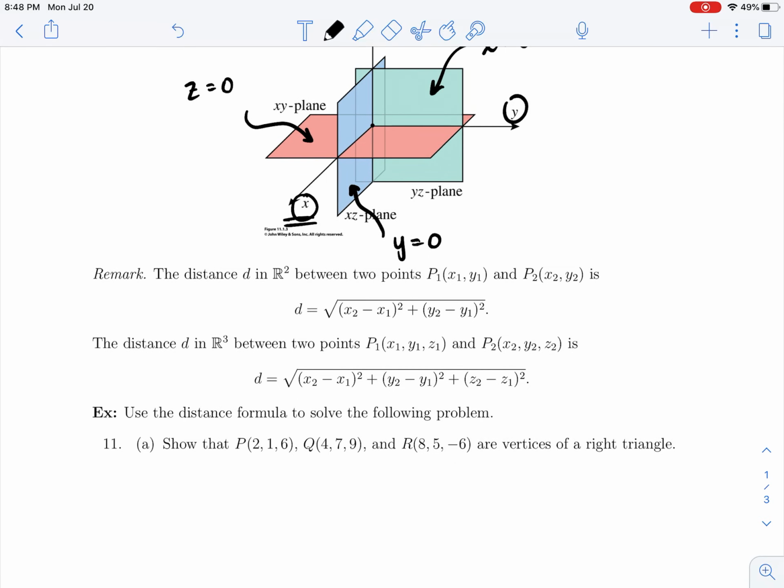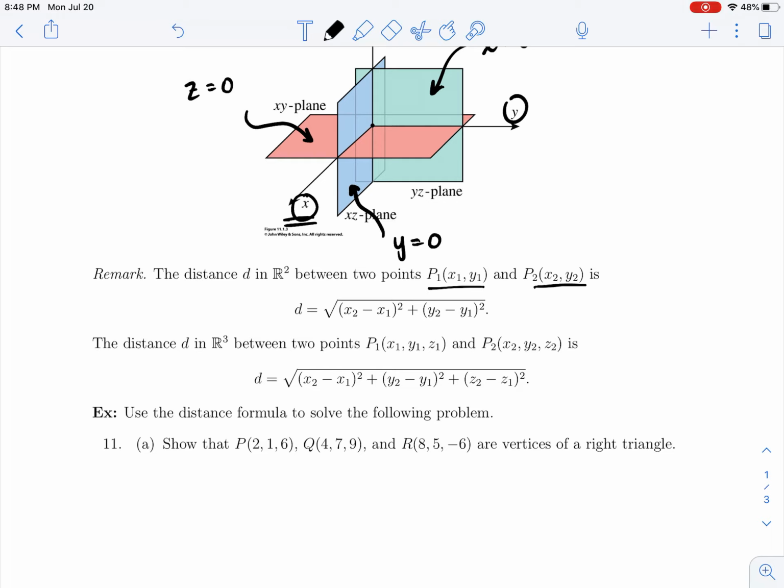We should be familiar with the distance formula from previous coursework. So if you have 2 points P1 and P2, whose coordinates are x1, y1, and x2, y2, then we can compute the distance between those 2 points in 2 space by taking the square root of the sum of the squared differences in each coordinate.